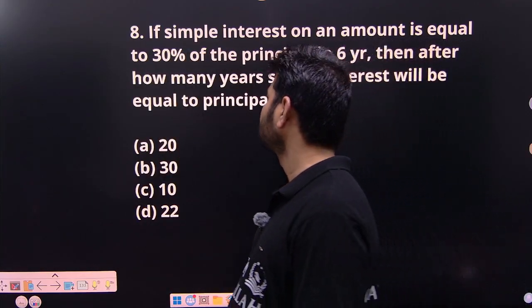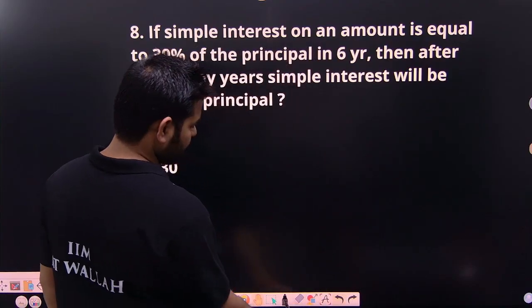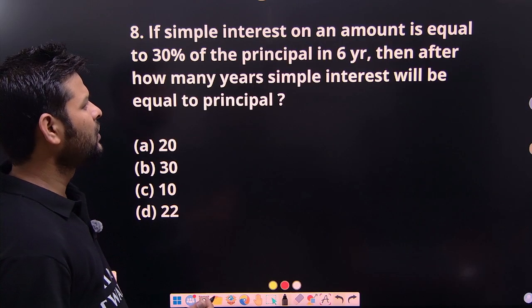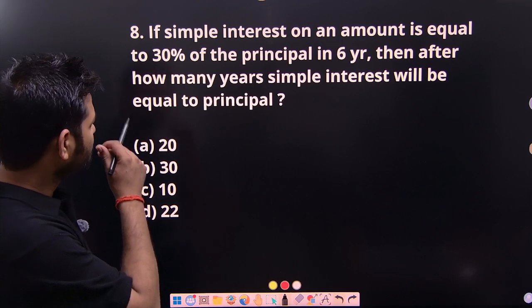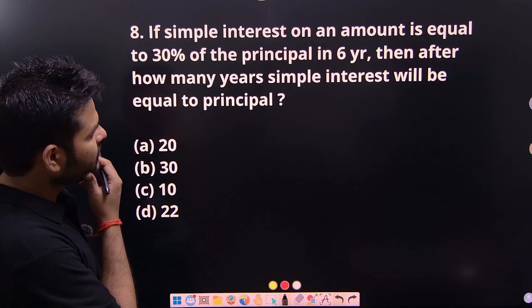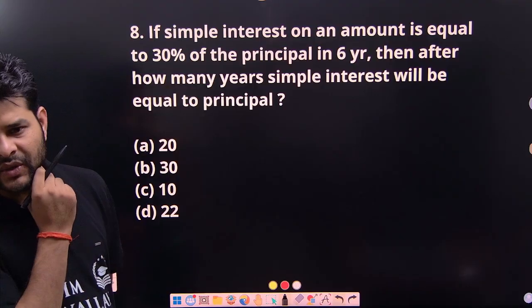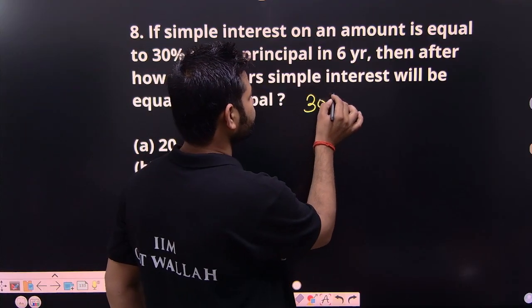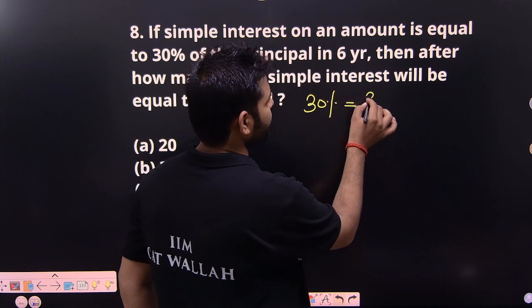Very nice. So guys, the question is saying, if the simple interest on an amount is equal to 30% of the principal in 6 years. So 30% means what, guys? 3 by 10.